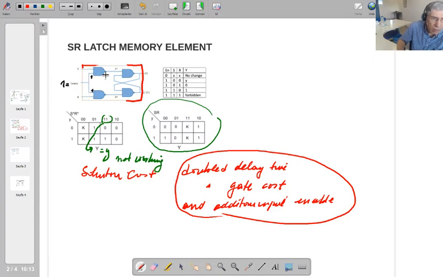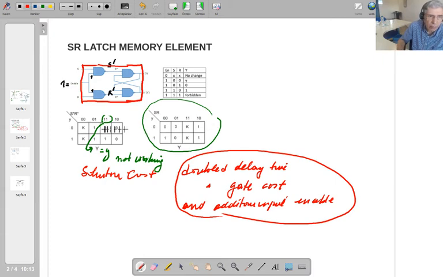So the output of this NAND gate is going to be S prime, and R prime here. In this case, let me examine whether the behavior of this SR memory element, which is inside that box, is working properly, according to this definition relation.